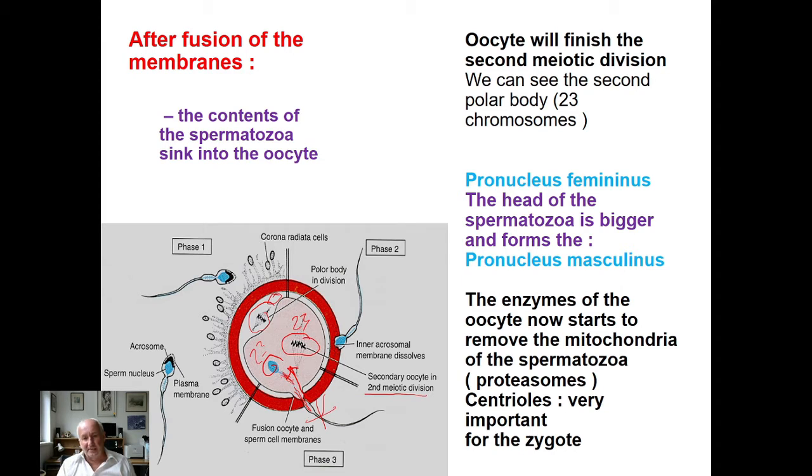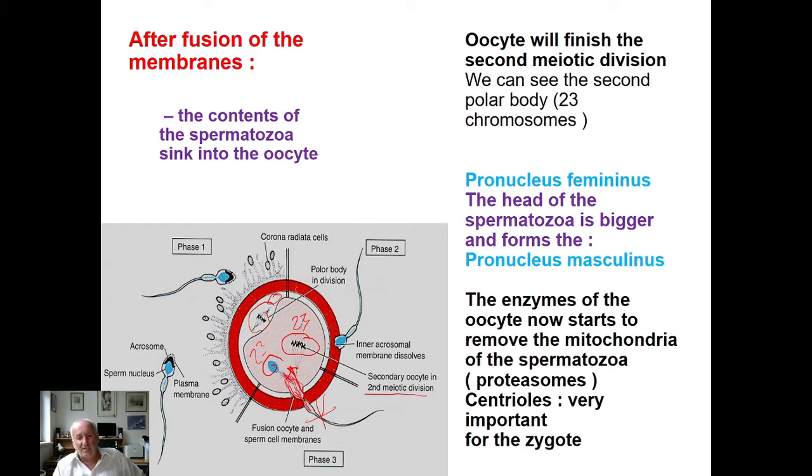Two things interesting here. The mitochondria: all mitochondria brought by the spermatozoa from the middle piece will vanish. They are marked by a protein called ubiquitin, and such old, non-functional mitochondria will be dismissed by proteasomes.